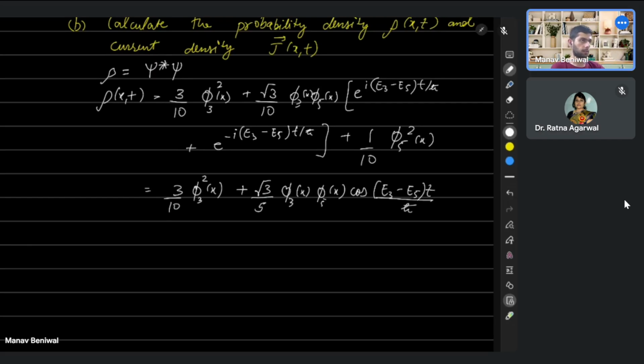And finally we have phi 5 squared over 10.